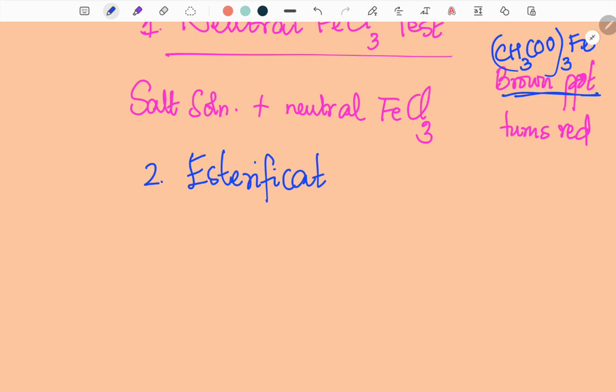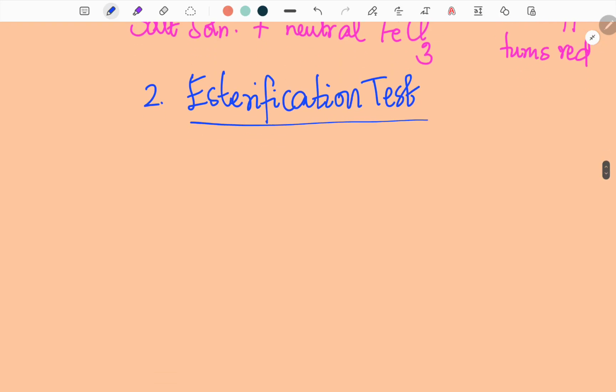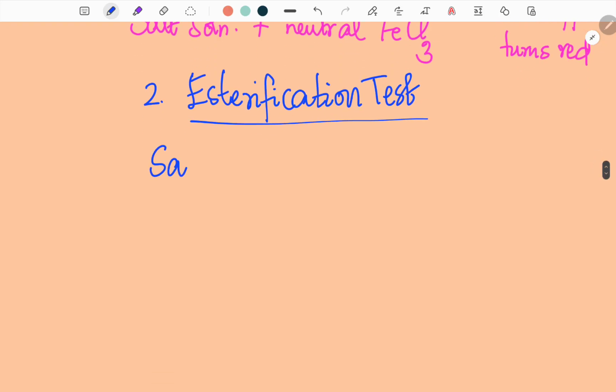Now the second test is the esterification test. For the esterification test, you have to heat the salt on a water bath. You need to take the salt in a test tube and heat it on a water bath with a few chemicals. What are they?